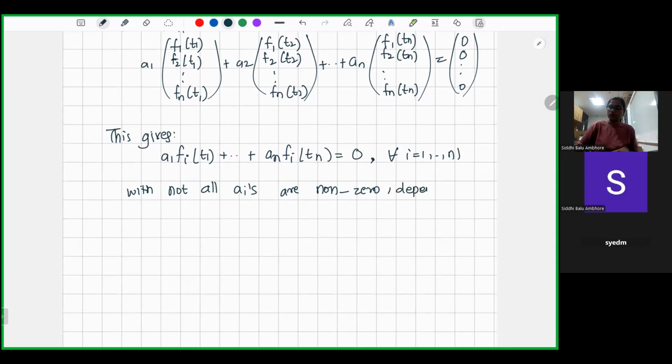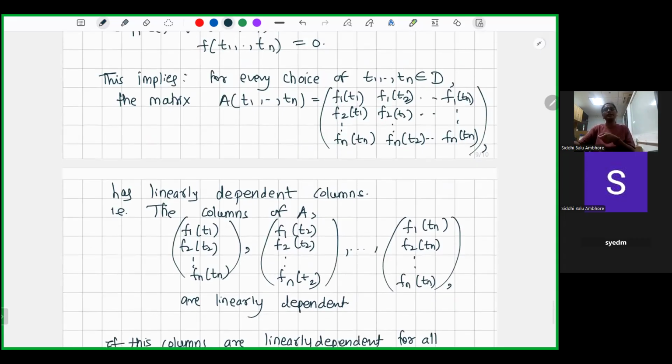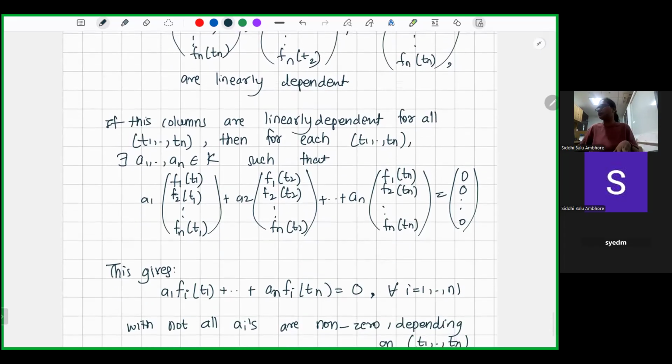It depends on T1 to Tn, because for each Ti we obtain linearly dependent columns. As Ti changes, this linear dependence changes because the matrix changes with each change in the tuple T1 to Tn.